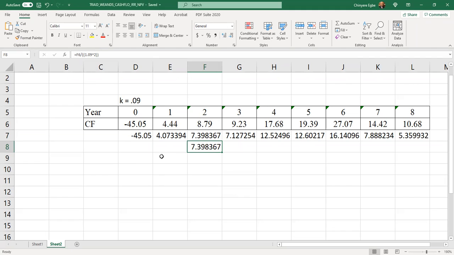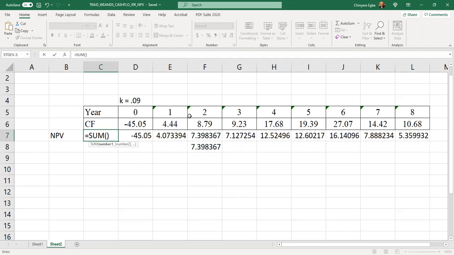And so your NPV will be the sum of all these numbers. That's your net present value, which is the sum of all the discounted values.